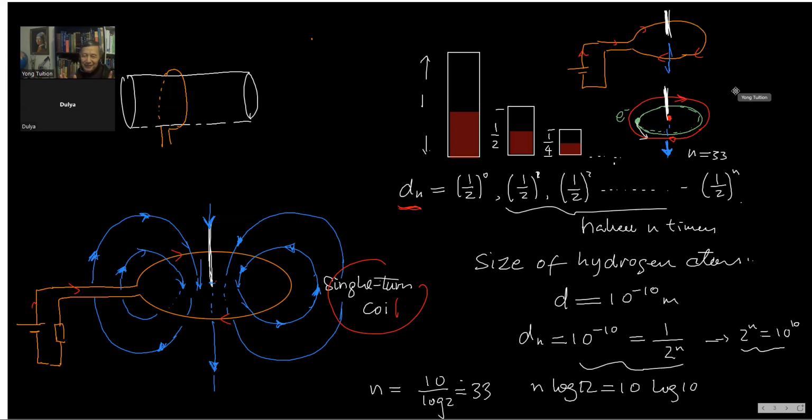Makes sense now? So that is a big unification of electricity and magnetism. Magnetism is no longer separate from electricity.